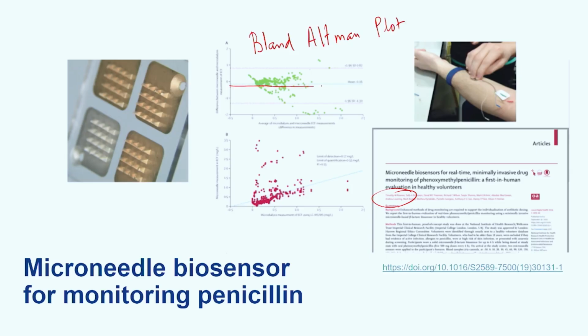This is the line which means that there is no difference between the reference measured sample, using the gold standard, and your sensor. The further you move away from the line, the poorer the performance. But in our case, you have these two lines which are the confidence limits of 95%, and the data points were mostly scattered within these two confidence limits. So which is a good result for us as an initial start.